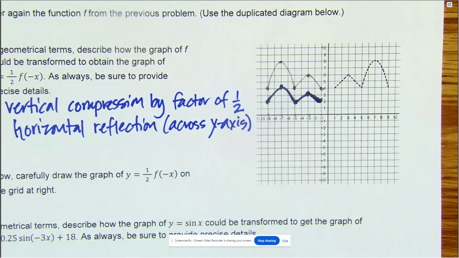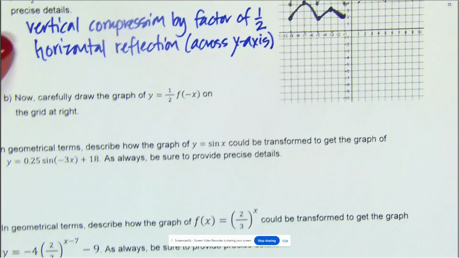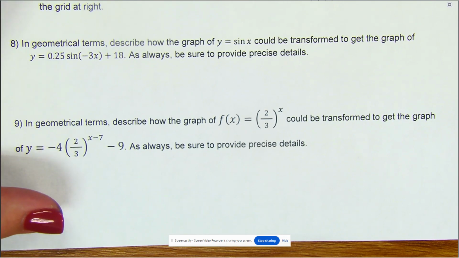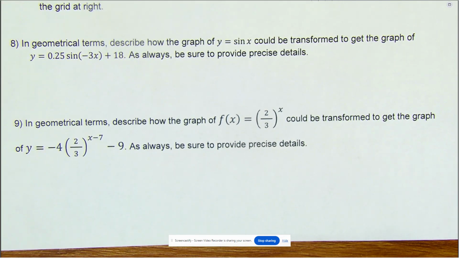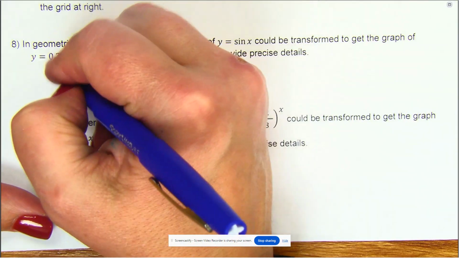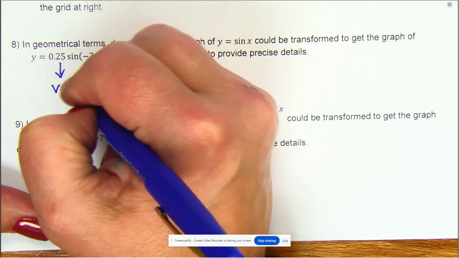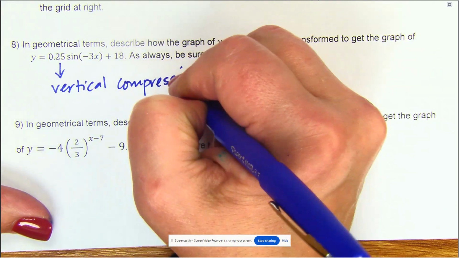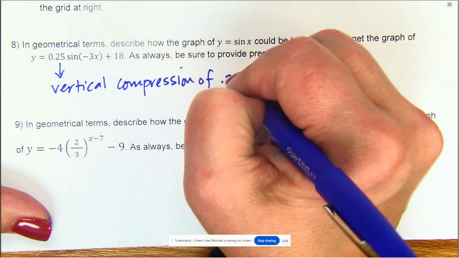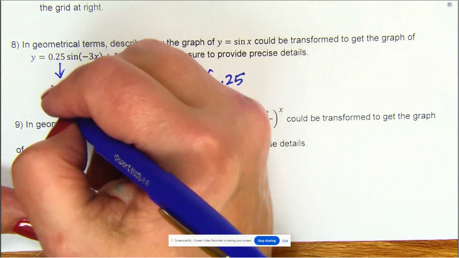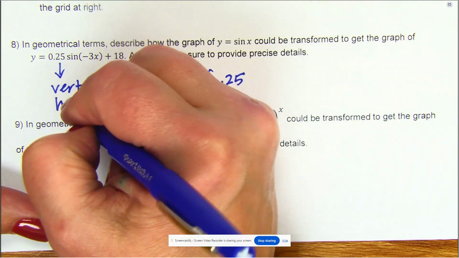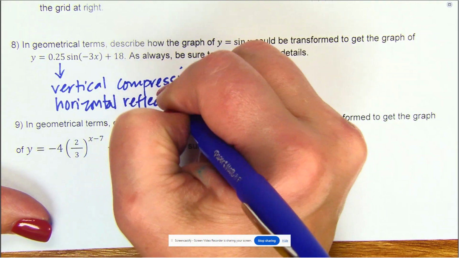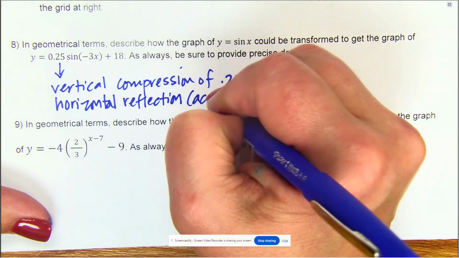All right. Now we're going to be given the rules instead of the pictures and describe it. So this is a vertical compression of 0.25. The negative on the x is a horizontal reflection. This is across the y-axis.